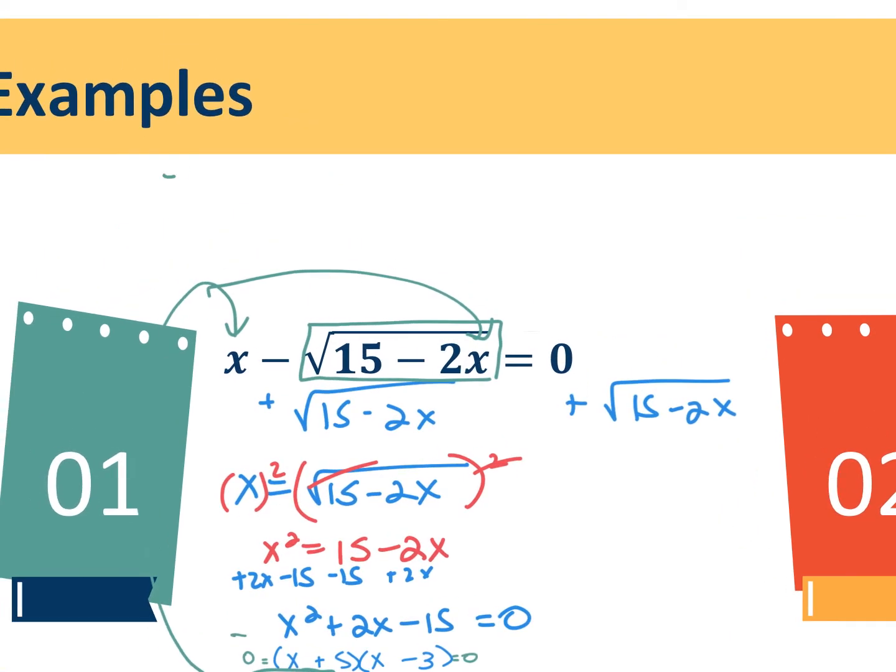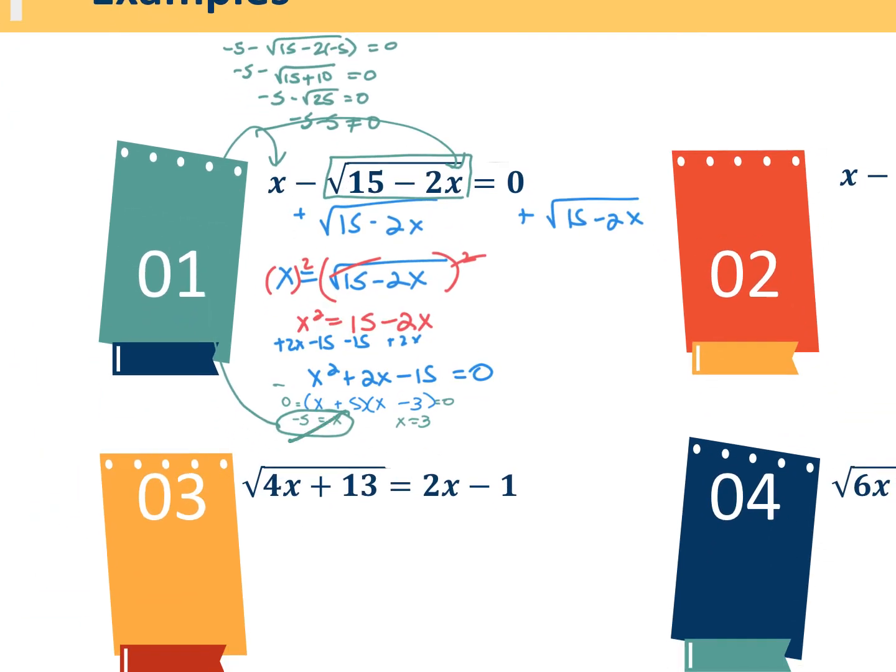So I'd get -5 minus the square root of 15 minus 2 times -5 equals 0. And I'd get -5 minus the square root of 15 plus 10 equals 0. -5 minus the square root of 25 equals 0. And -5 minus 5 does not equal 0. So that is an extraneous root, and I don't keep it.